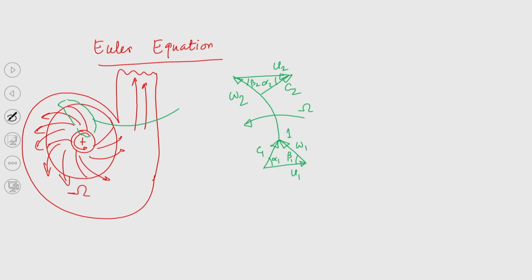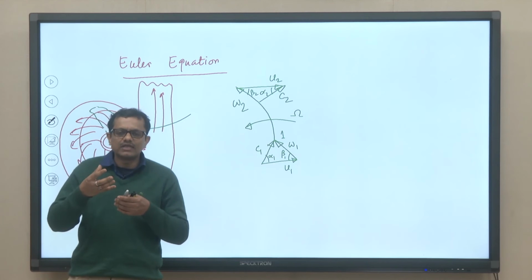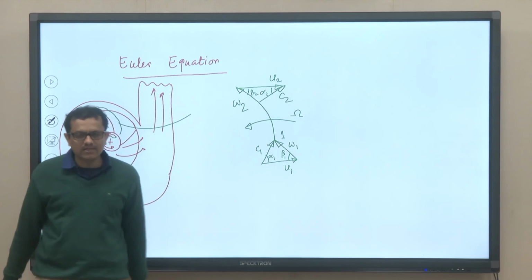So, in the analysis of energy transfer process in turbo machines, a control volume enclosing the rotating element, whether it is impeller or runner of a generalized turbo machine, is considered.